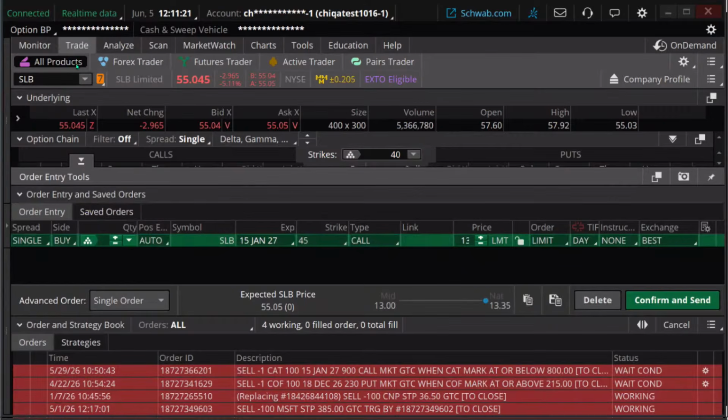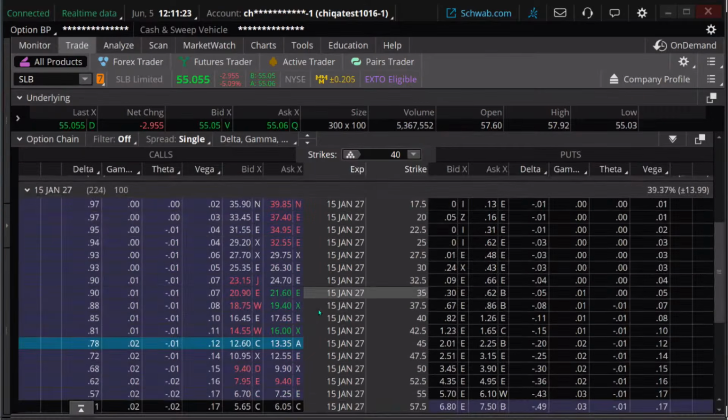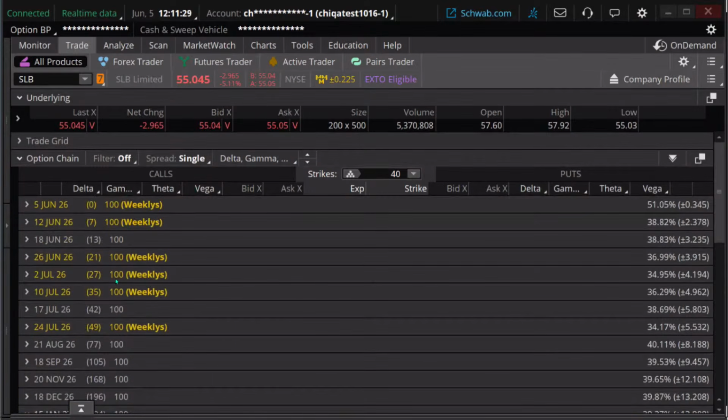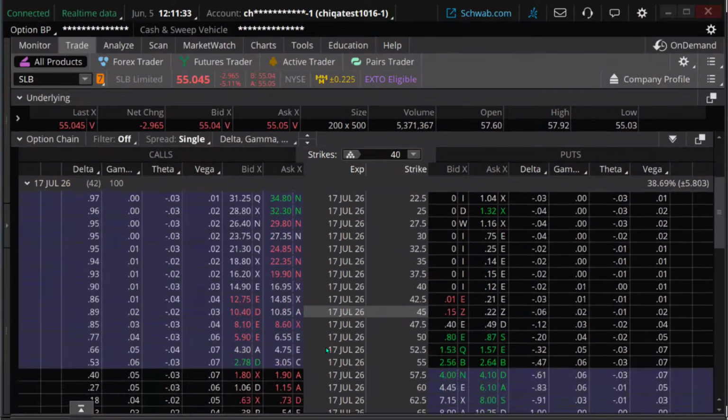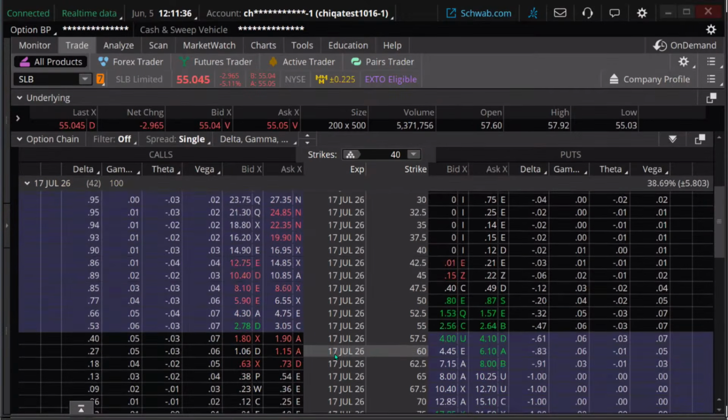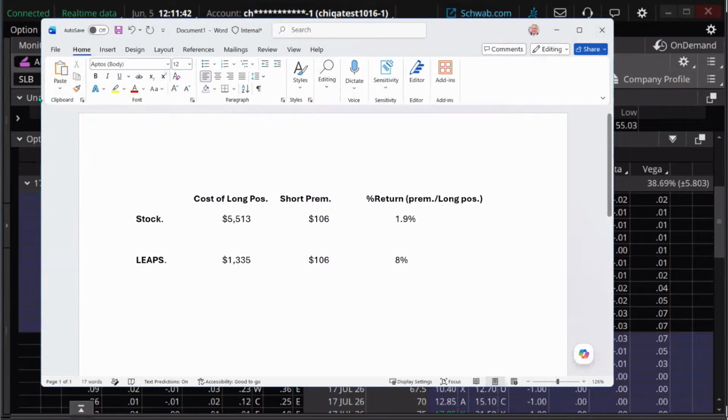And let me go back to this. Our LEAPS delta is about 78. But our short contract delta, which we said was going to be a $60 strike, is about 27. It is still a bullish trade.